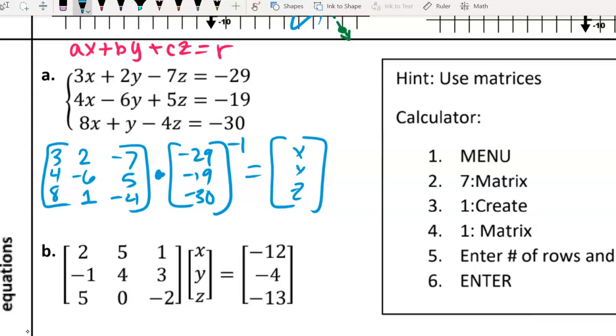Okay, and when you're done with the first 3 by 3 matrix, you're going to click out of the matrix and then do menu 7 1 1, and you'll do a 3 rows by 1 column matrix. And you'll type in those numbers again.